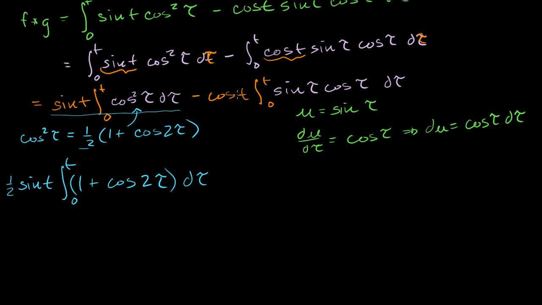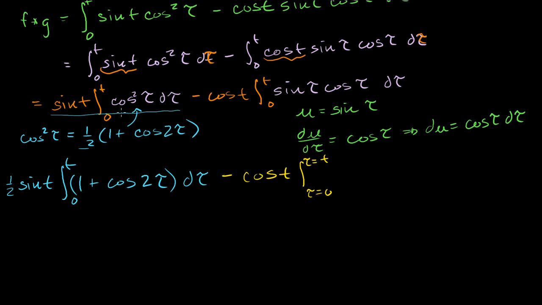And then we have this integral right here, minus cosine of t times the integral, let me be very clear, from tau is equal to 0 to tau is equal to t. And then this thing right here, I did some u substitution.